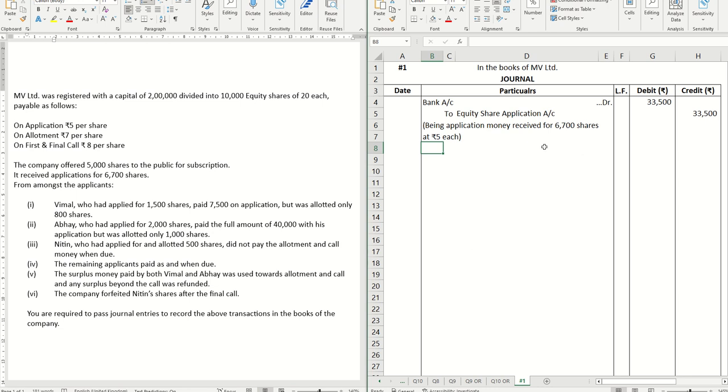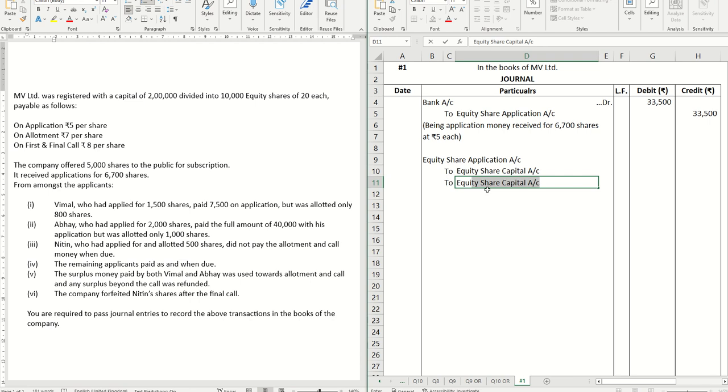So let's understand this scenario with the help of the working. Before that, let's pass the journal entry as well so that we can easily put the figures. Equity share application account debit, to equity share capital account. Then we will have equity share allotment account.